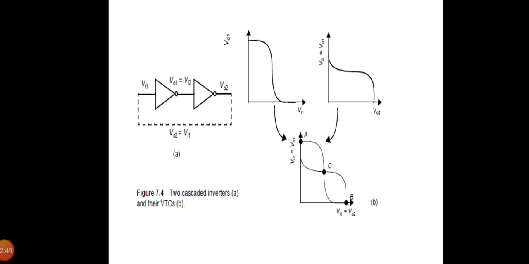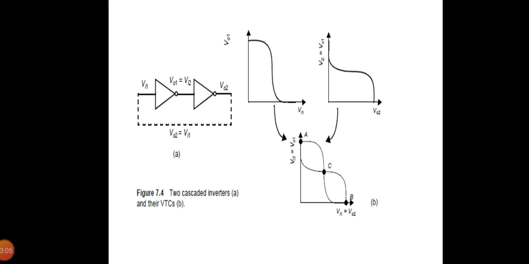So the VTC of the first inverter, that is VO1 versus VI1, and the second inverter, VO2 versus VO1. The latter plot is rotated to accentuate that VI2 is equal to VO1.